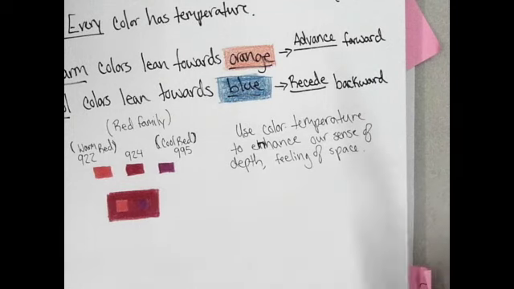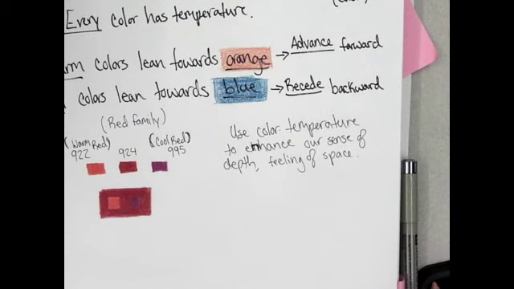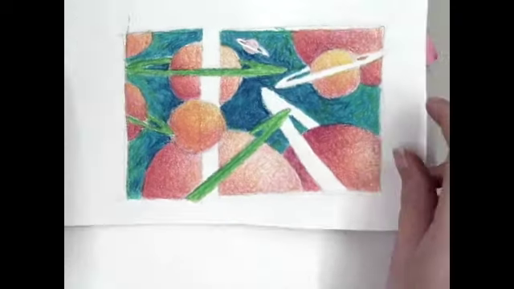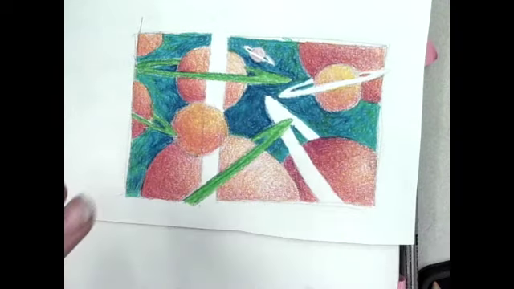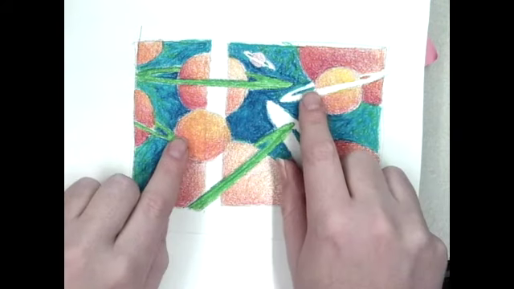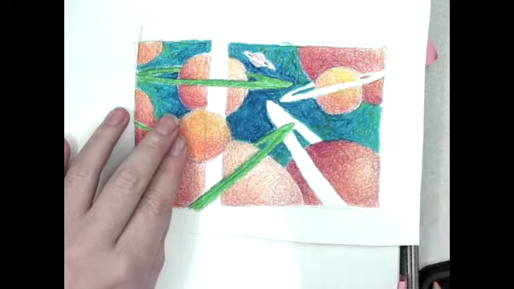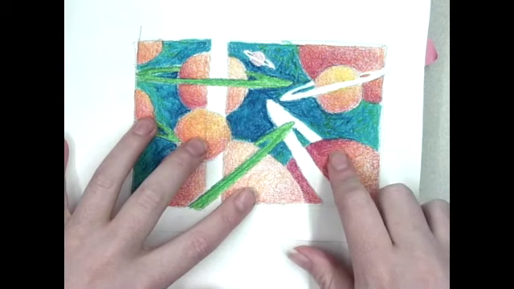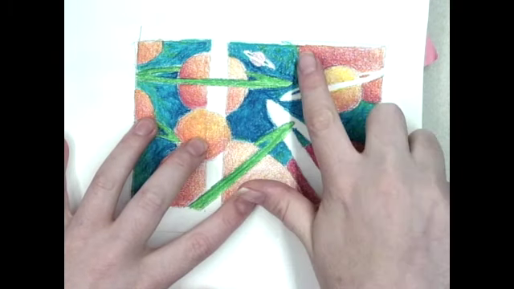Because warm colors tend to advance forward, and cool colors tend to recede back into space. So when you are thinking about your forms and your subjects, you can make the ones that are closer to us warmer, closer to orange, and the ones that are farther away cooler, closer to blue.